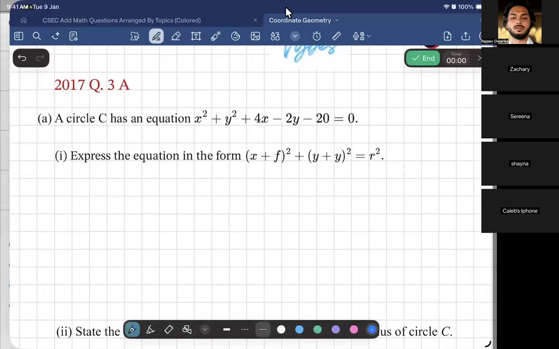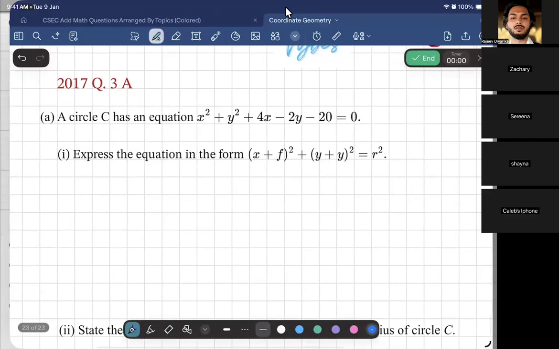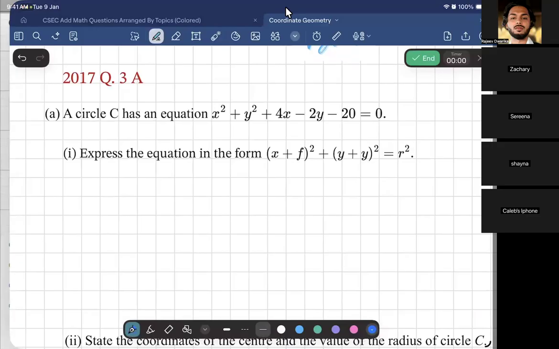x plus f squared plus y plus g squared equals r squared.